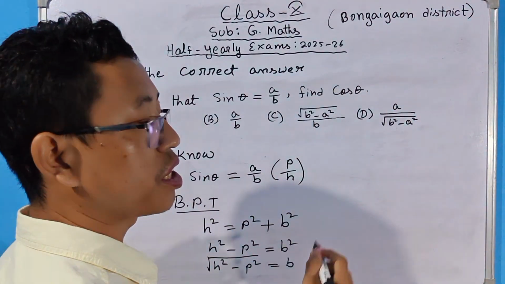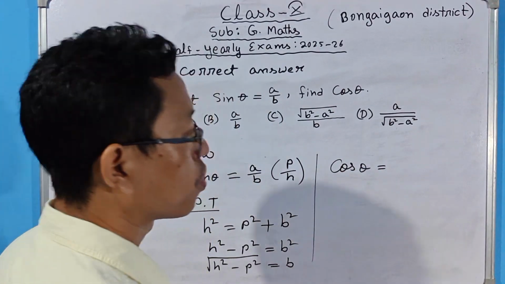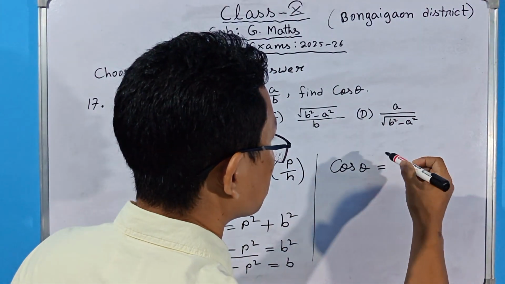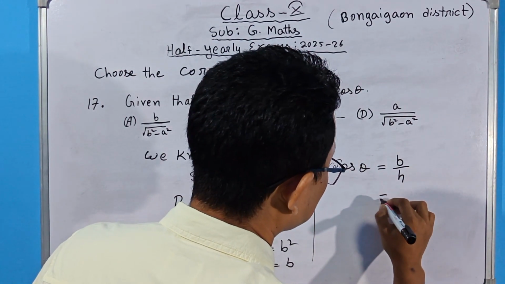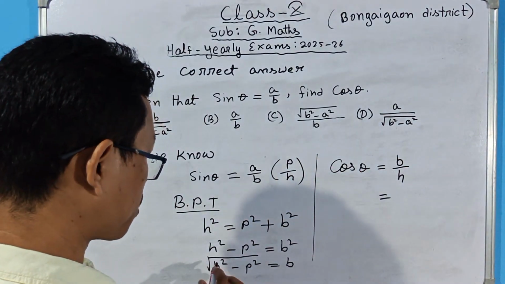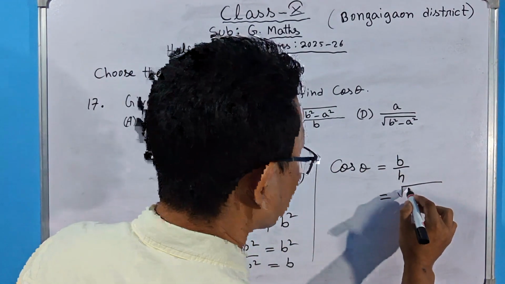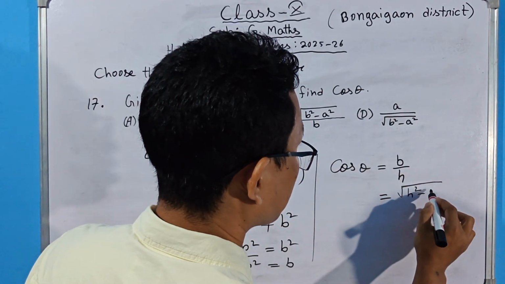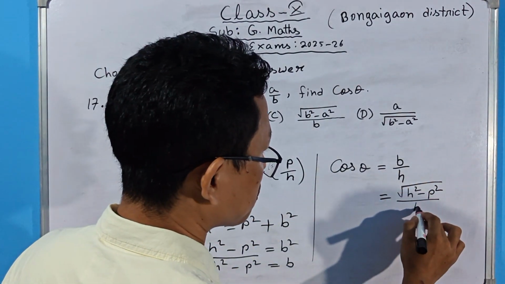So now we need cos theta. Cos theta is base by hypotenuse. What is the base we have? The base we just now got, root over hypotenuse square minus perpendicular square, by hypotenuse.